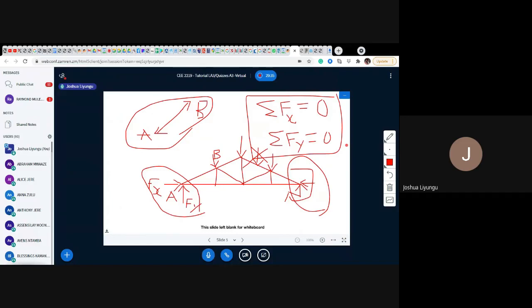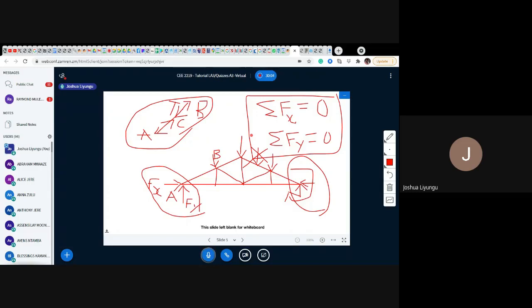When I talk about C, can you remember I mentioned about compressive force? So what I had drawn here, this is showing me this is T, that is tension. But if it was opposite, like that, and the other force, like that, it is going to be compressive force, which is C.